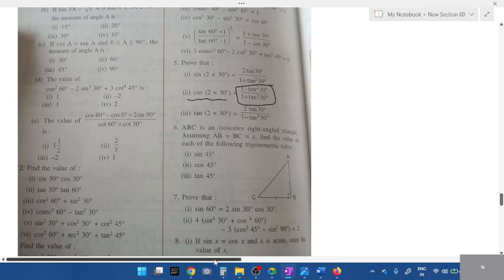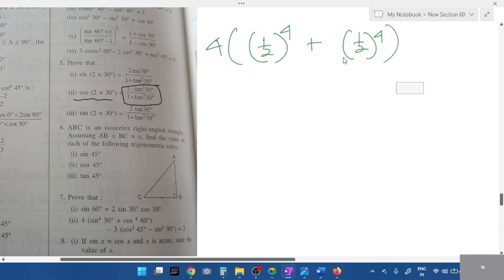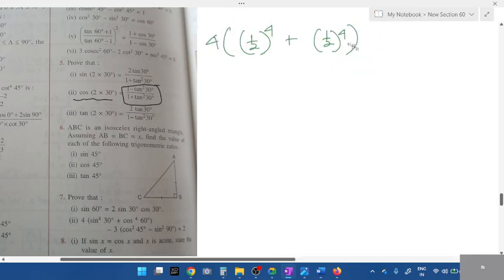Left hand side there's a value of to prove. Right hand side what you have to prove it? You should get 2. So 4 into sin 30 to the power of 4. What is sin 30 to the power of what? 1 by 2 to the power of 4 plus cos 60 is also 1 by 2 to the power of 4. Close the bracket. This 4 is only for the first two values, students.